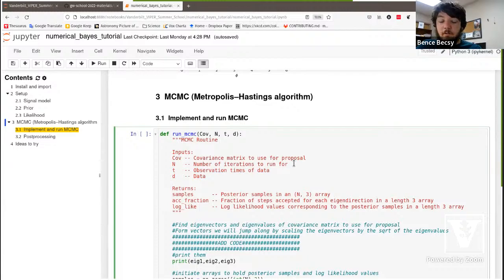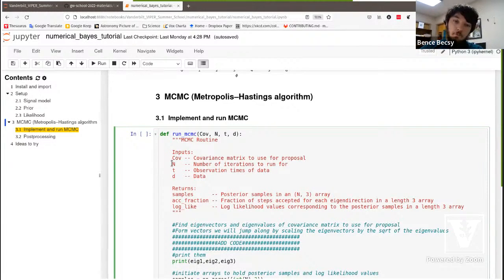That's pretty self-explanatory. And then we have a covariance matrix that we use for the proposals. So the plan here is that we will use simple Gaussian proposals. What we will do is take this covariance matrix, take the eigenvectors of that covariance matrix, and propose Gaussian jumps along those directions.